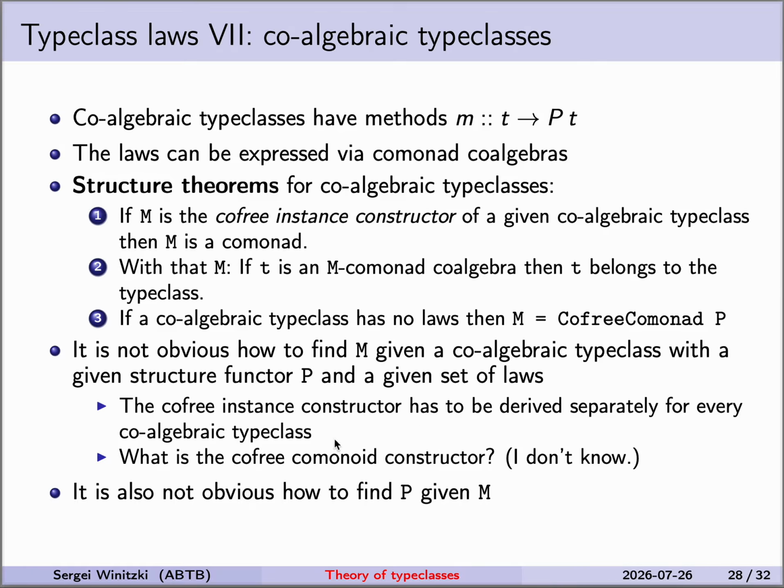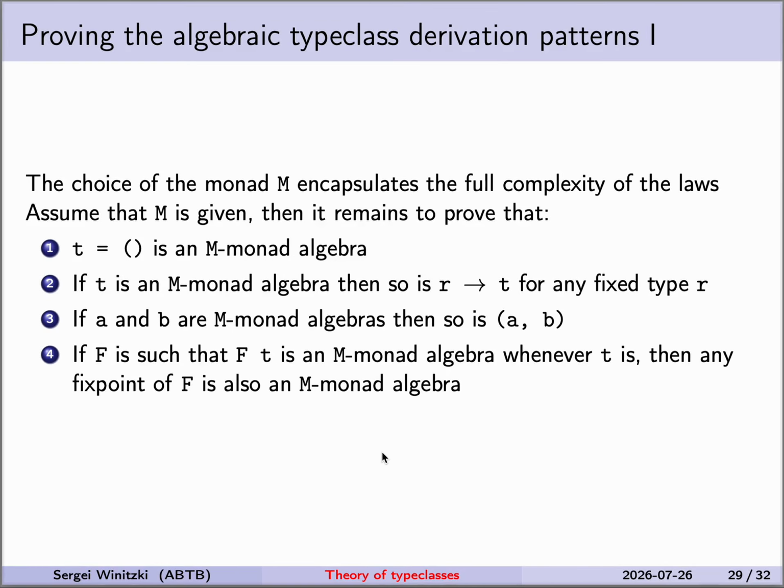So in any case, it's not obvious. Now we're going to get into how to prove the algebraic derivation patterns. That will be the next and last part of the tutorial.